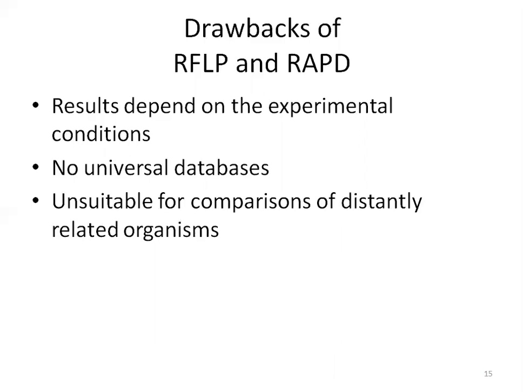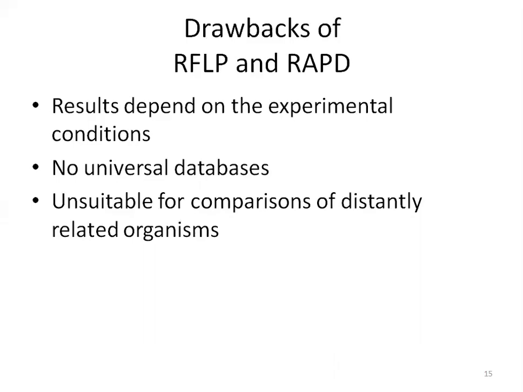If you want to compare your sample, then you have to get the experimental organism as well as the control organism, and compare with the others. So you need to get all the samples first. So there is no universal database.